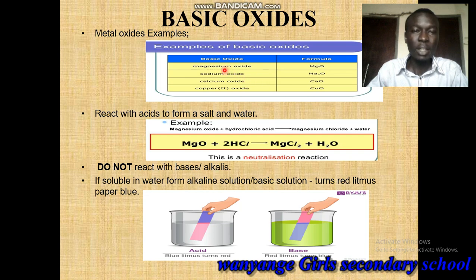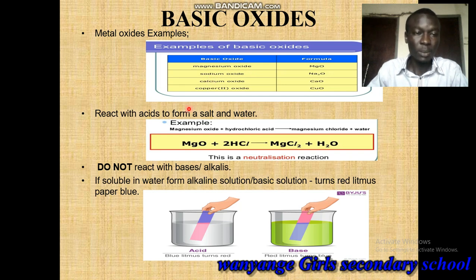Look at this. You realize that in all cases, one of the elements is a metal and the other is oxygen. So a metallic oxide or a metal oxide contains a metal combined with oxygen. Okay? Very good. Now, something very important to note.